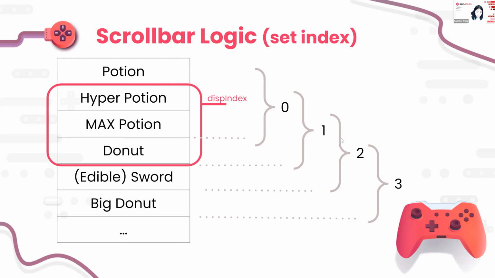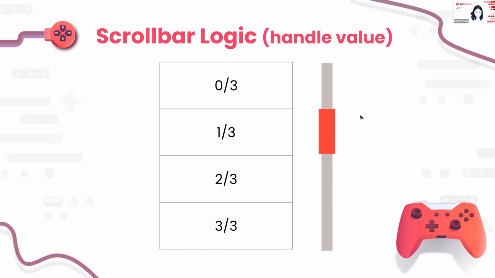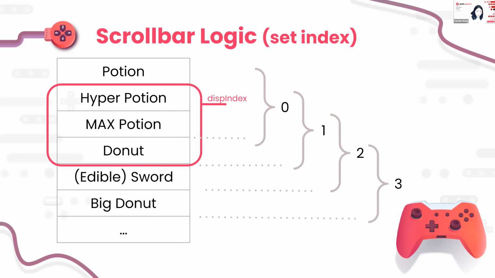For example, if we have 3 sets of items that could possibly be displayed, you would want to go from 0 out of 3 to 1/3, 2/3 to 3/3 for each corresponding set. So basically the scroll bar represents one set out of the total sets possible. And as mentioned here, for each additional item added, the total sets possible increases by 1.